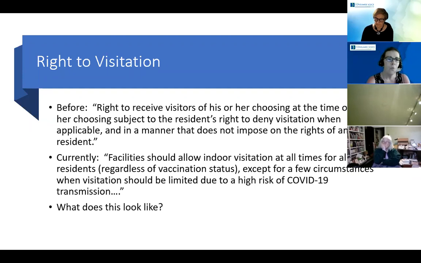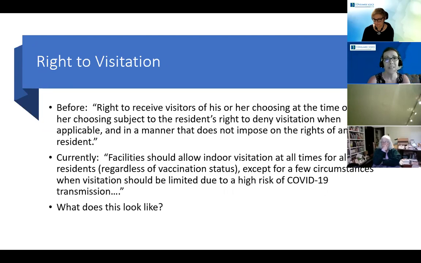And so while we're seeing huge improvements from where we were a year ago, we are still clearly a very long way from a full restoration of what a resident's right to visitation was in February of 2020. 2-hour-long visits a week probably bring a lot of joy and relief to many residents and their families after this year.